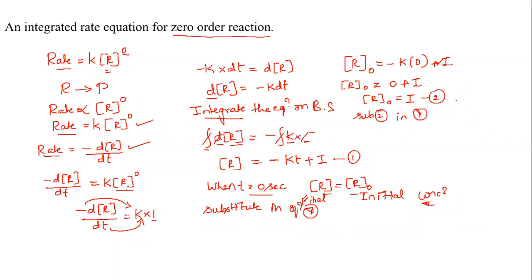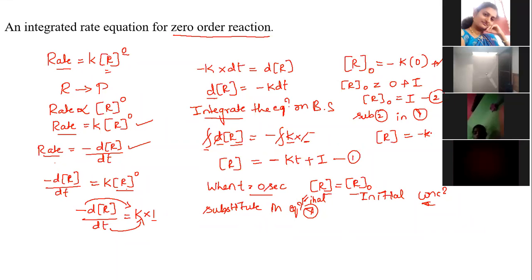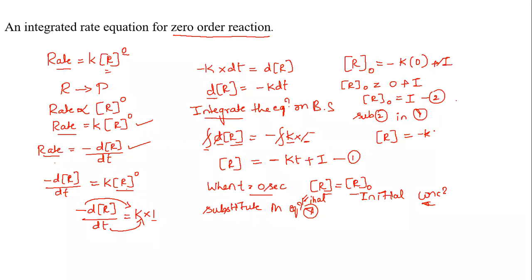Okay, what will we get? This is equation 1. R value as it is equal to minus KT plus, what do you mean by I here in the equation 2? R naught. I is nothing but R naught.